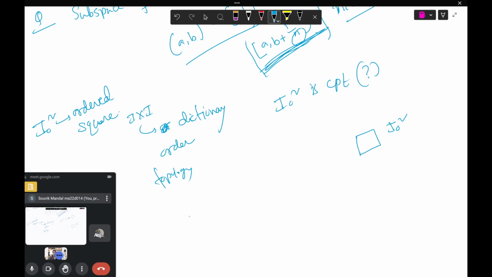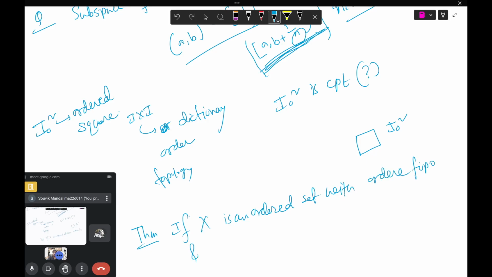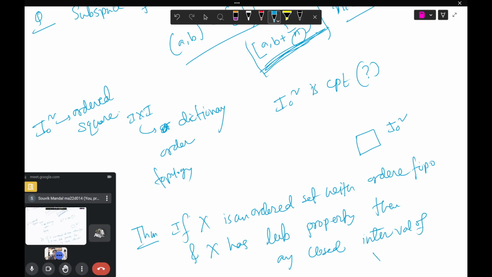No, sir. Okay. It's a theorem that if X is an ordered set with the order topology and X has the least upper bound property, then any closed interval of X is compact.